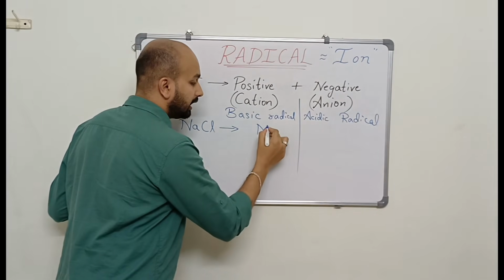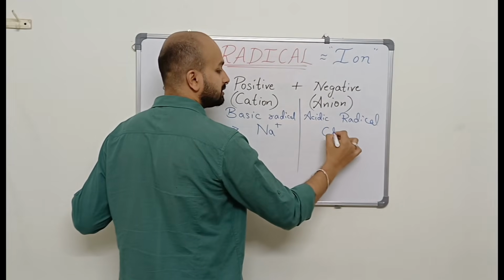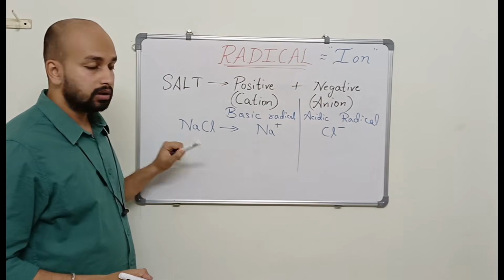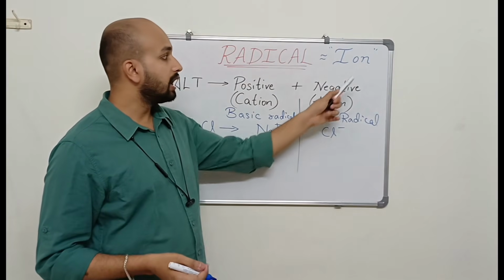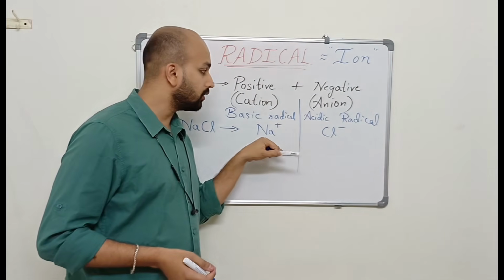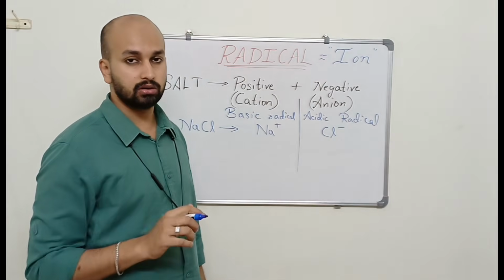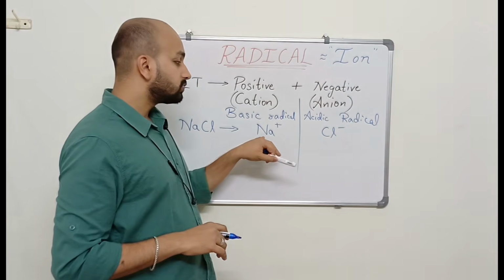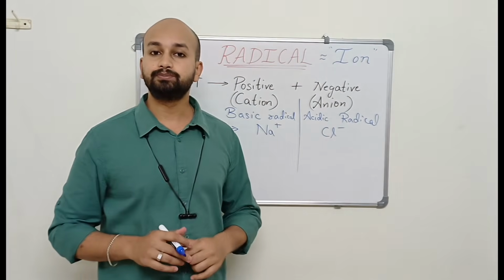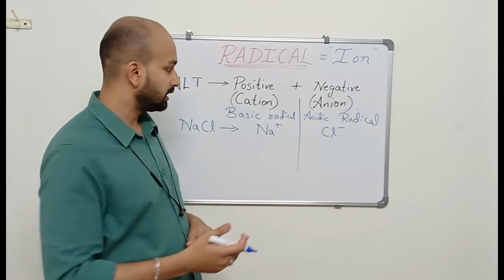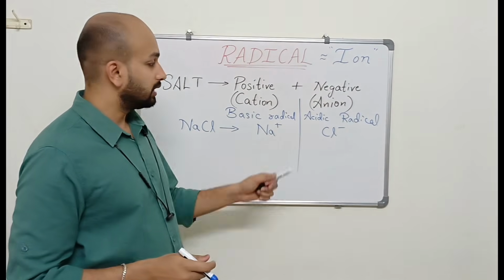One is Na+, and another one is Cl-. So in chemistry, technically they are also called ions. Cation, anion. Anion is one word, not two different words. Cation is otherwise also called basic radical. Anion is called acidic radical. Here, Na+ is basic radical, Cl- is acidic radical.